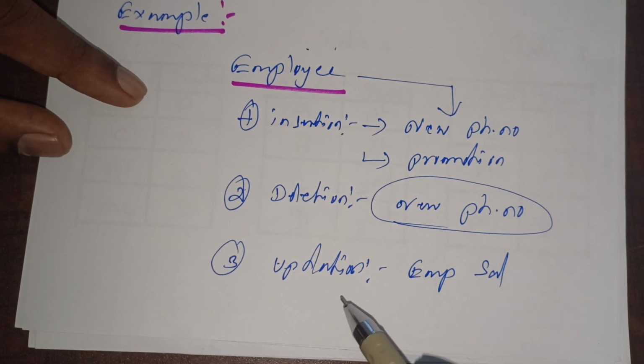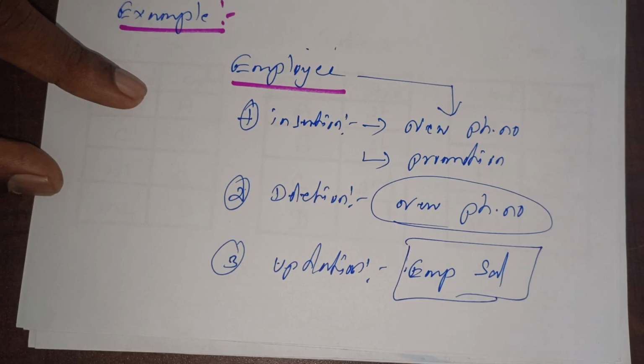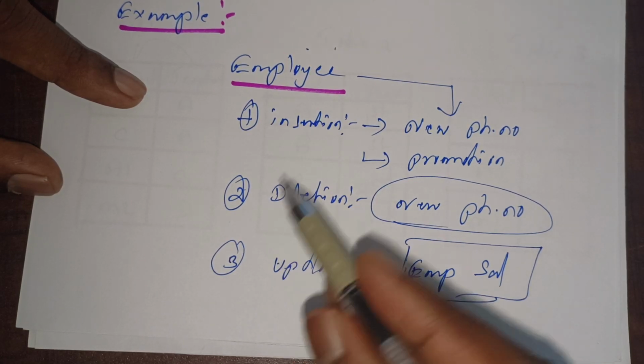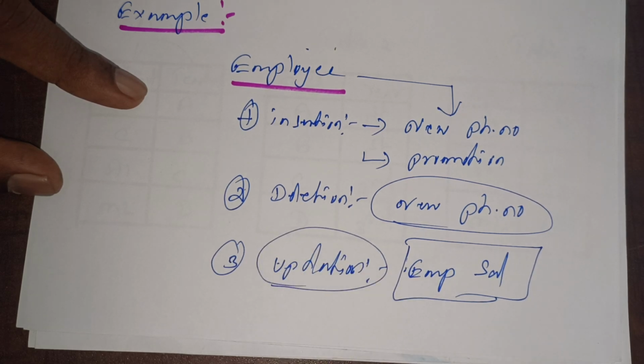Say the employee salary is updated in a different table and not in the main table. If you update anything in a particular table, that should be reflected everywhere. Now you understand how updation creates an anomaly.